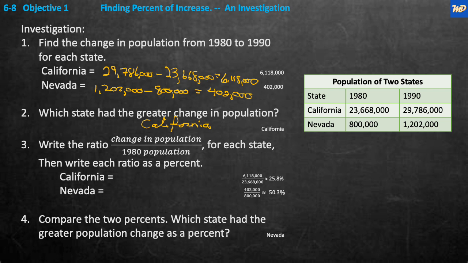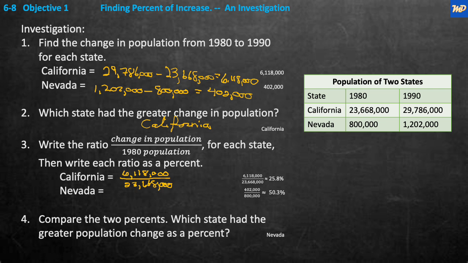So what does that equal to? Well, the change in population for California was 6,118,000 over the starting, which was 23,668,000.